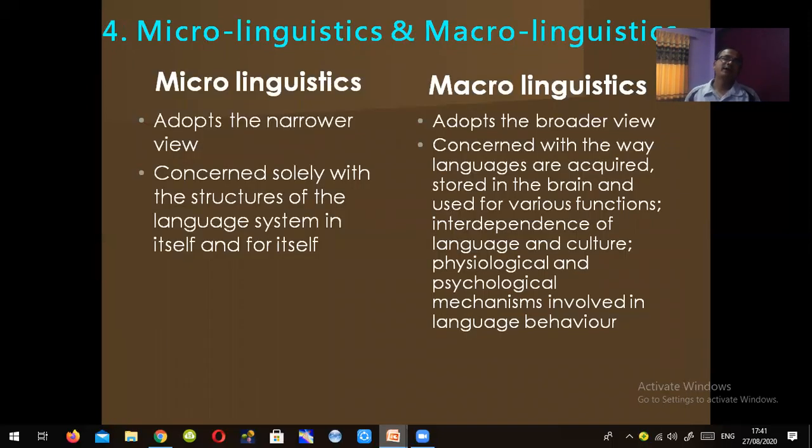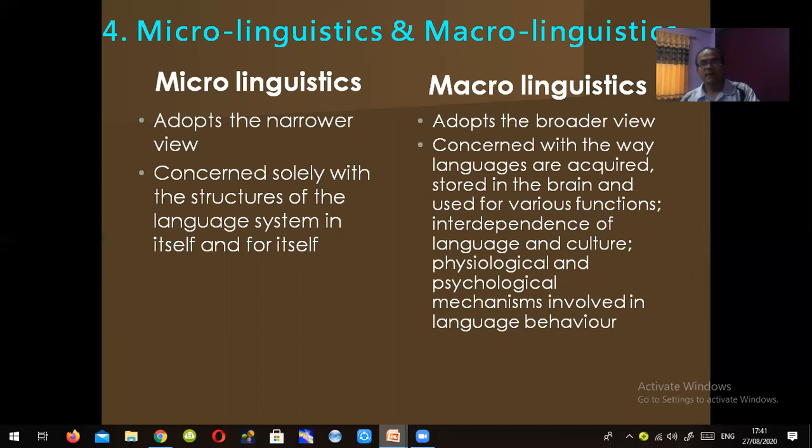And the next one is micro and macro. Micro is a narrow view, concerned solely with the structure of the language system in itself and for itself. It is somehow close to theoretical linguistics.